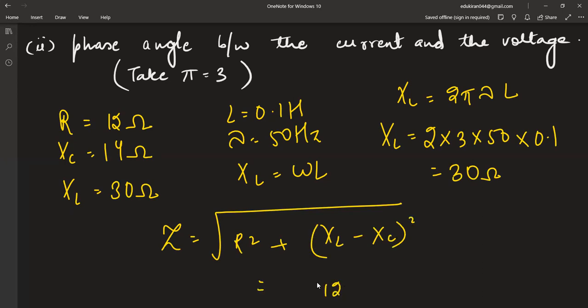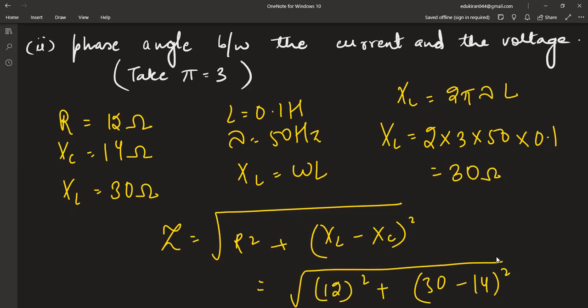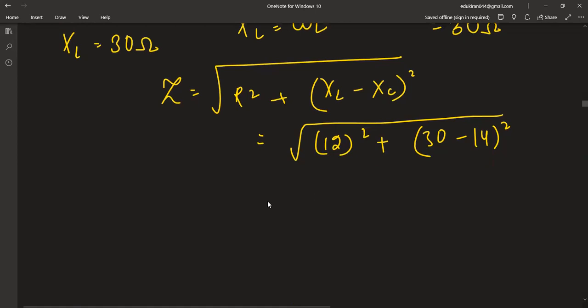So this is 12 square plus 30 minus 14 whole square, under root. 12 square we'll take as 144, 16 square becomes 256.